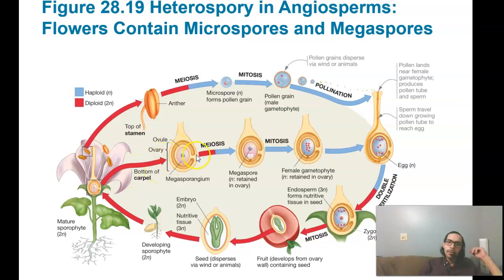That's where the megasporangium is located. If fertilization does occur, then we get a zygote, and the zygote eventually forms the seed that's contained within the fruit, and then that seed will develop into another sporophyte.